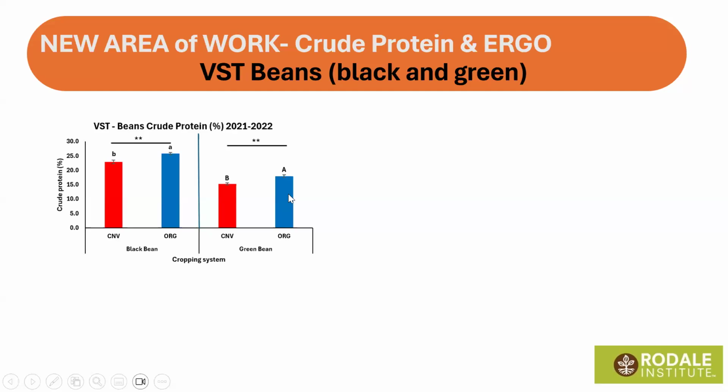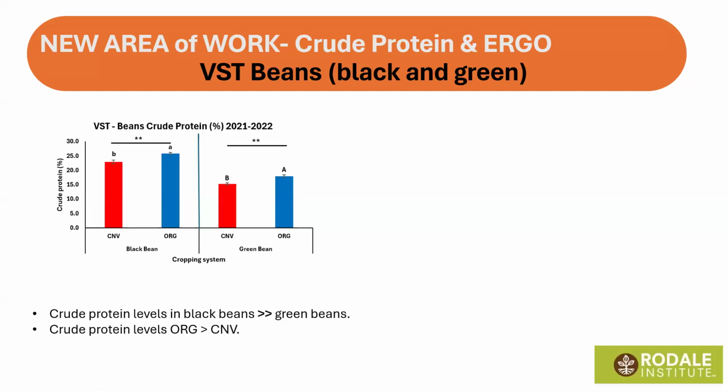Similarly, green beans were higher, but the crude protein varies between green bean and black bean. So when I want to look into which of those beans, green bean or black bean, definitely black bean, consuming more of the black bean will give you more crude protein than if you are consuming only green beans. So you could see that organic really favored increases of crude protein.